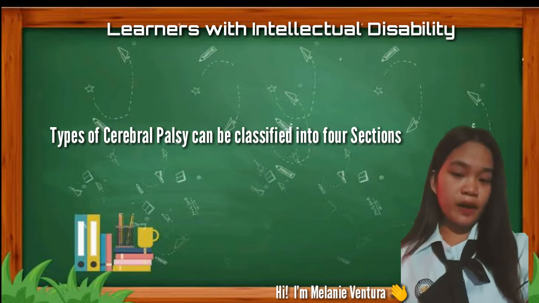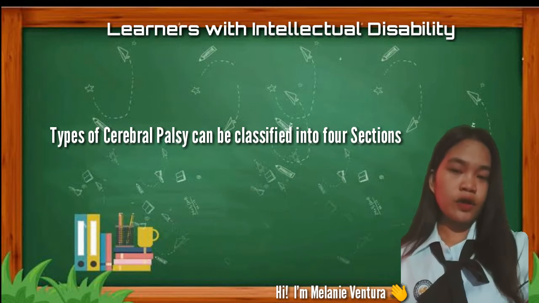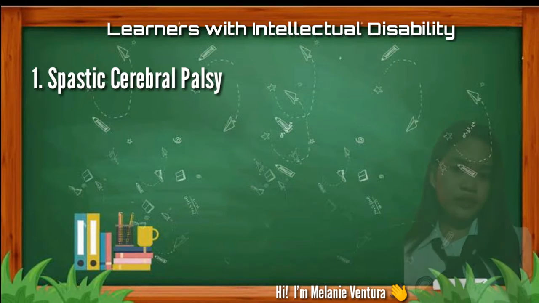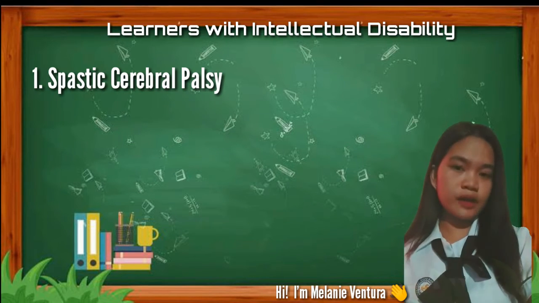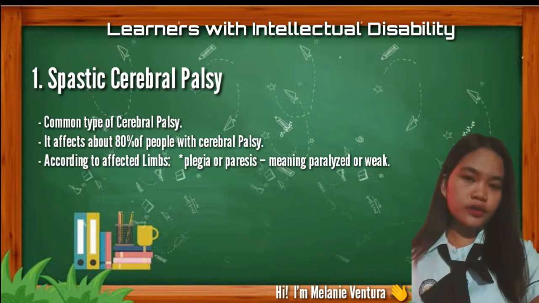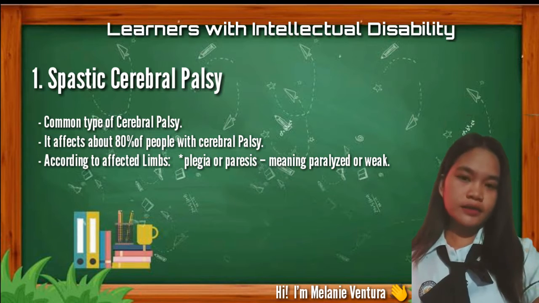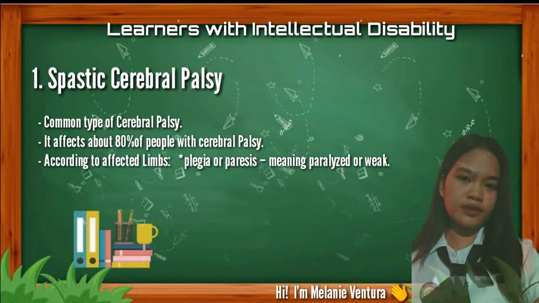Types of cerebral palsy in childhood or in general can be classified into four sections. First is the spastic cerebral palsy. It is the most common type of cerebral palsy. It affects about 80% of people with cerebral palsy.